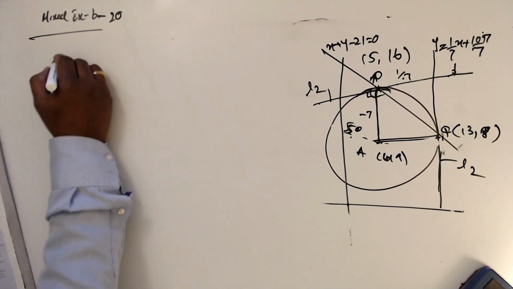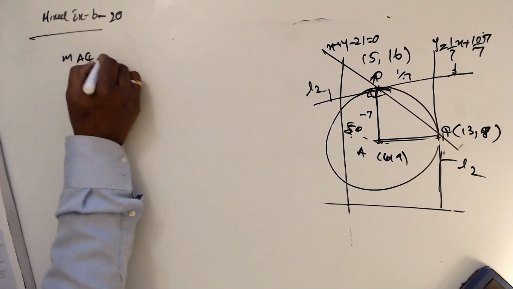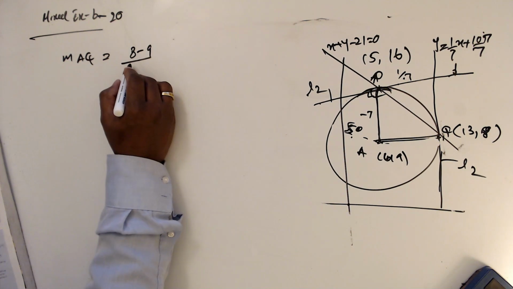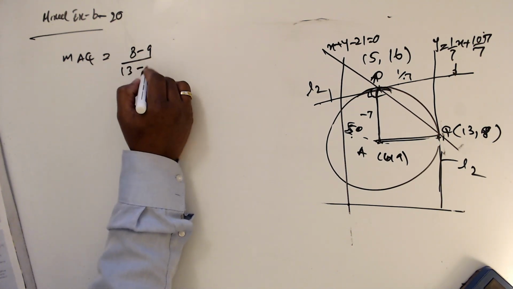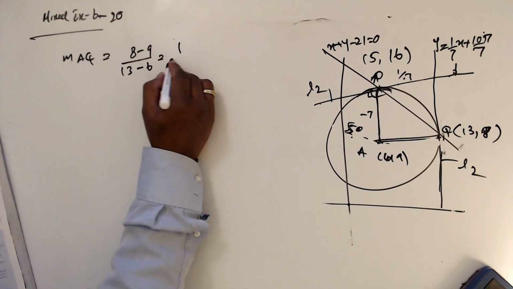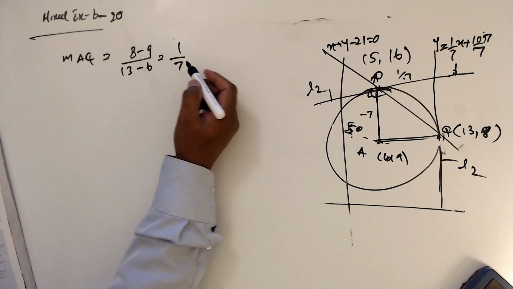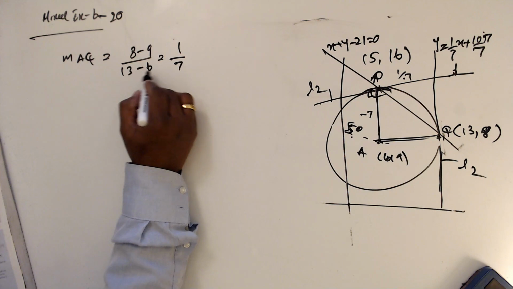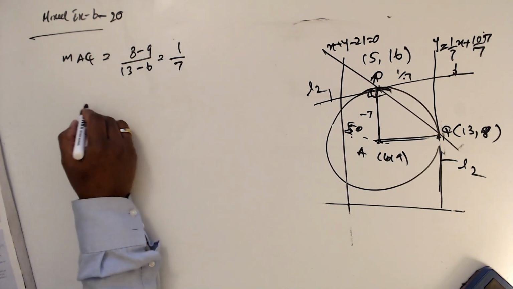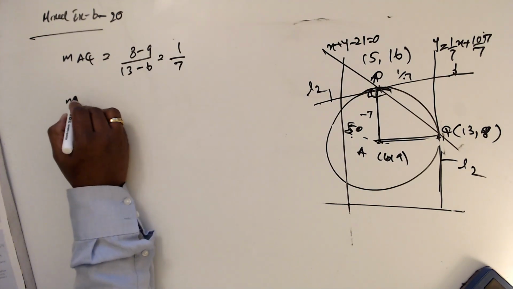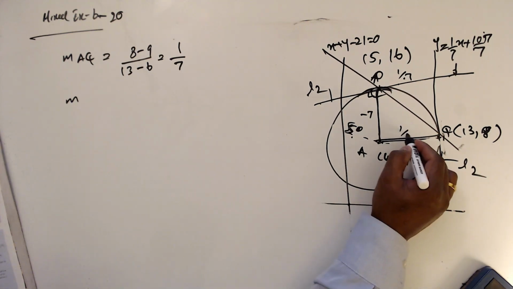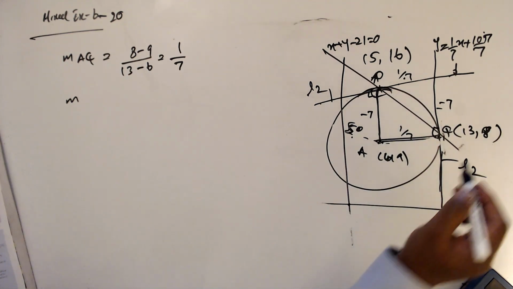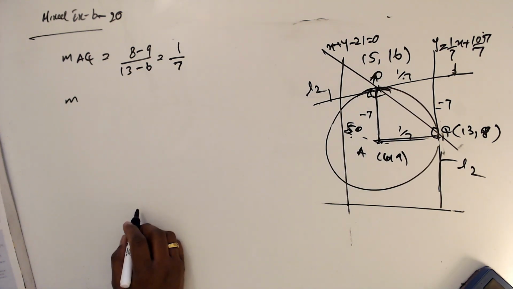In the same way, let's calculate the gradient of AQ, which is (8 minus 9) over (13 minus 6). So this is minus 1 over 7. This is perpendicular, and this is going to be 7.